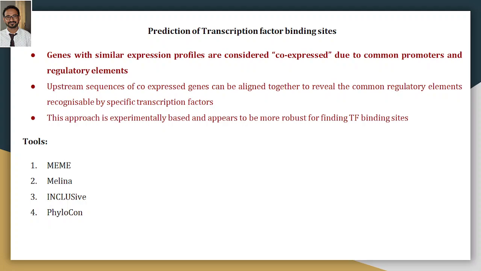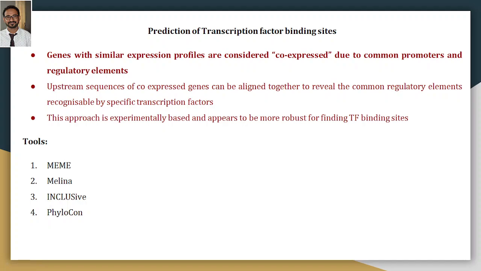Now the upstream sequences of the co-expressed genes can be aligned together to reveal the common regulatory element recognizable by specific transcription factors. Our idea is to find these co-expressed common promoters. This approach is experimentally based and appears to be more robust for finding transcription factor binding sites.